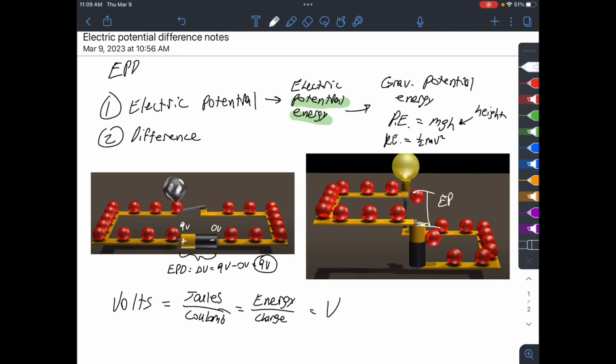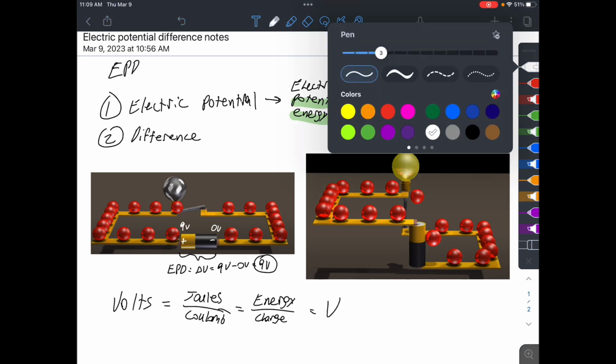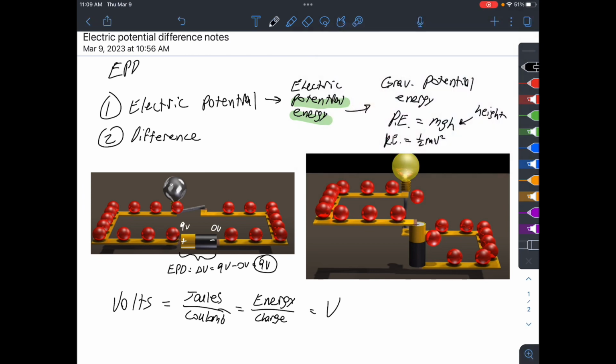Electric potential difference is that change in height, you could say, of the electron after the light bulb.